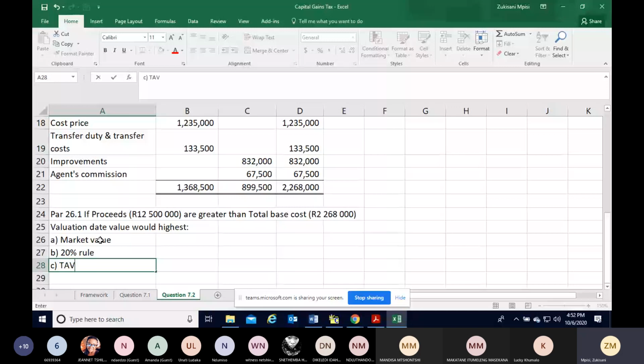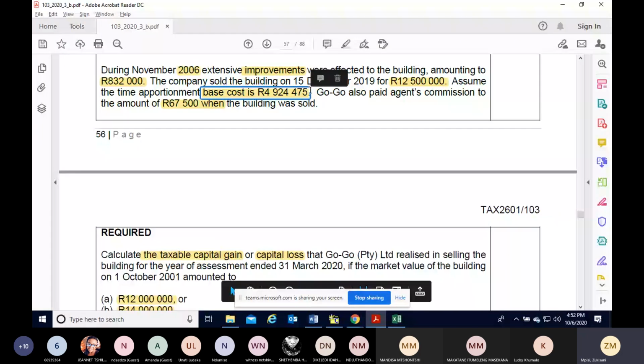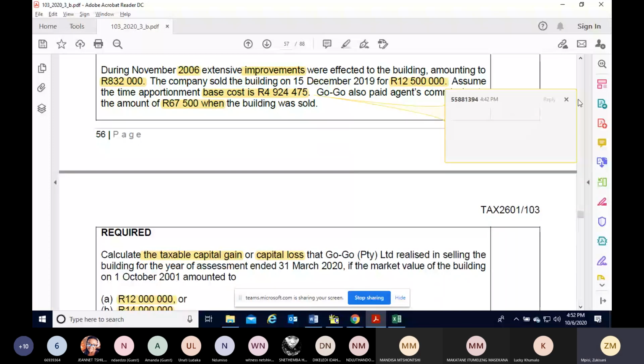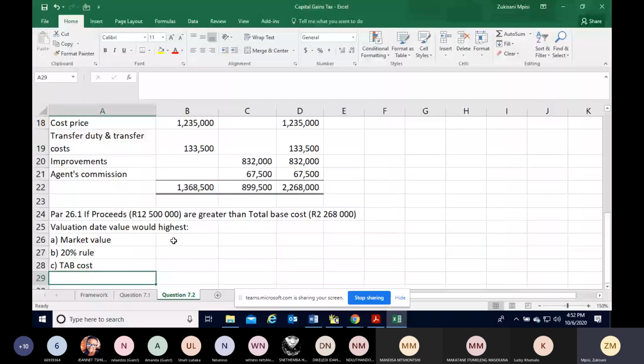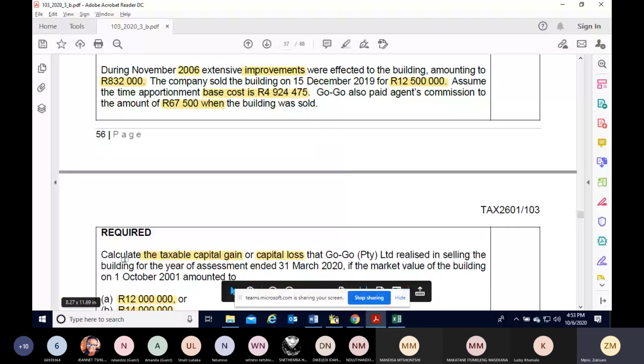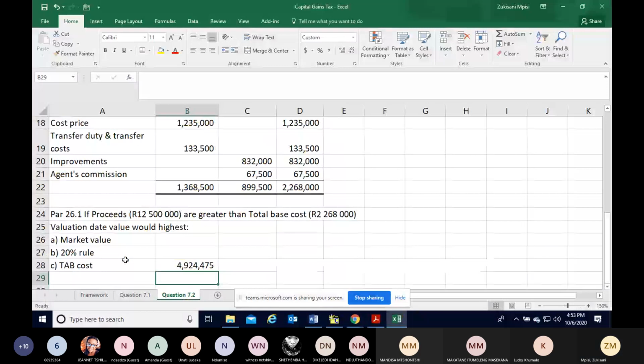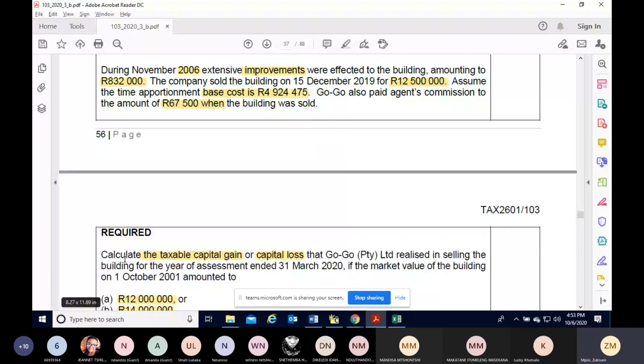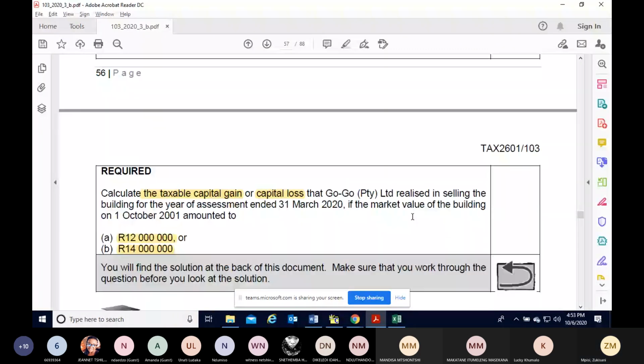Now, I know time apportioned base cost has been given, and I've told you that it will always be given, and that is 4,924,475. Market value. Here in the required, we were told that if the market value of the building is 12 million.